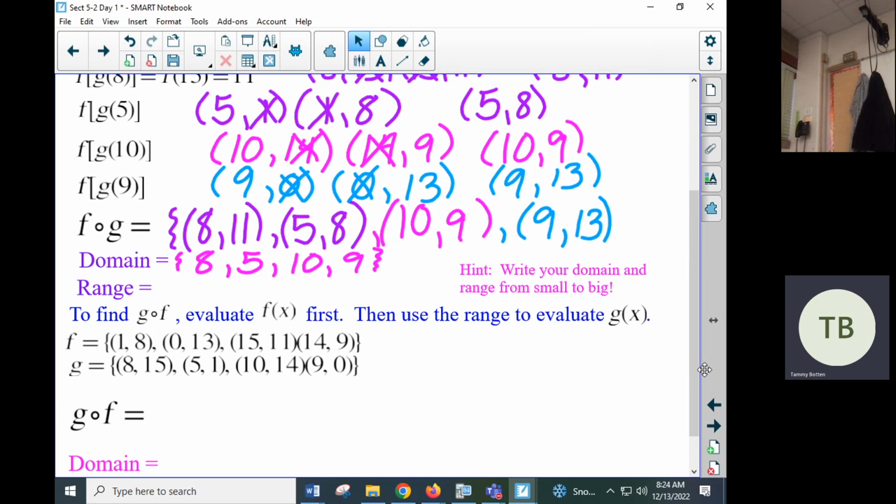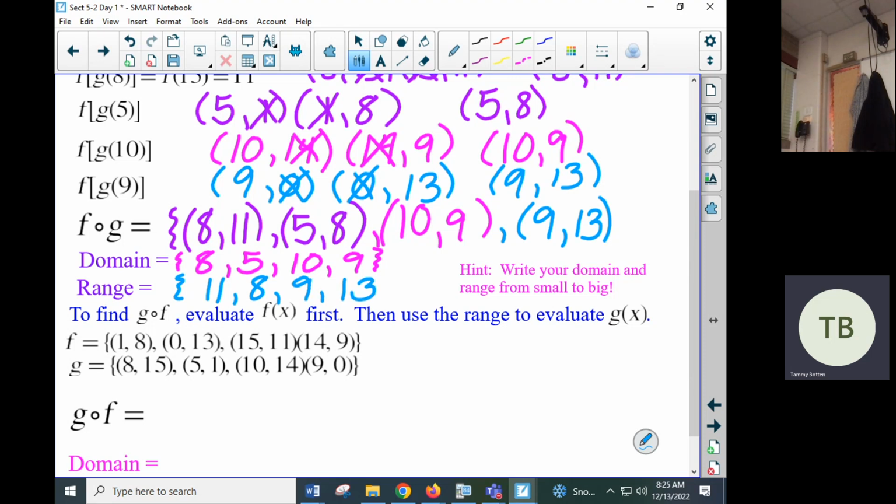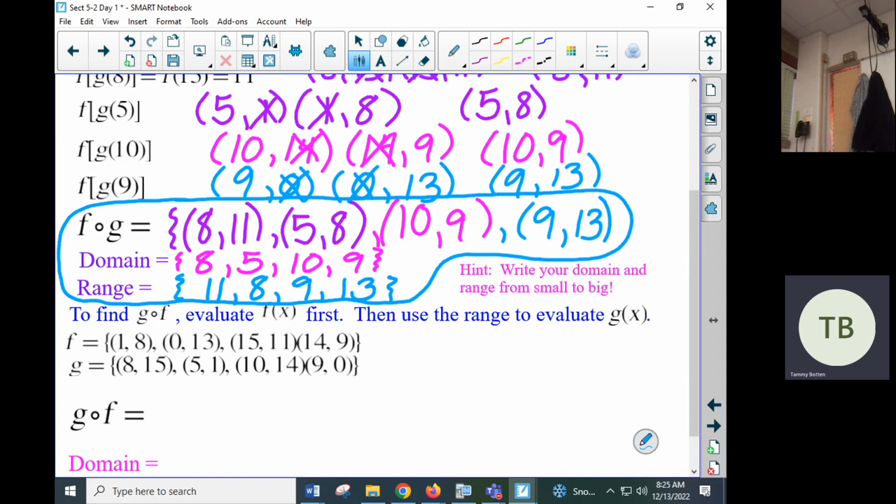For the range, what you do is just list your Y values. Okay, so we'd go 11, 8, 9, 13. And like I said, really, you're supposed to put those numbers from small to big. This is your answer, this whole thing.